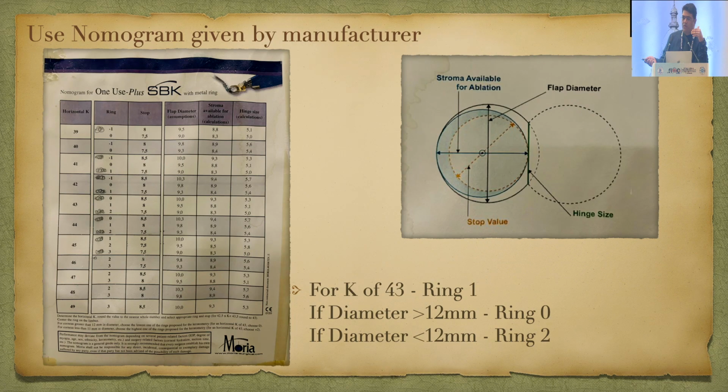If the diameter of the cornea is greater than 12 millimeters, it's a larger diameter cornea, we need to use a smaller ring value, that is ring 0, which is thinner. And if the diameter of the cornea is less than 12 millimeters, we have to use ring 2, the higher ring. All these things are given in this nomogram. We should always follow this nomogram, and we should always center the suction ring on the limbus. Don't try to decenter the suction ring.